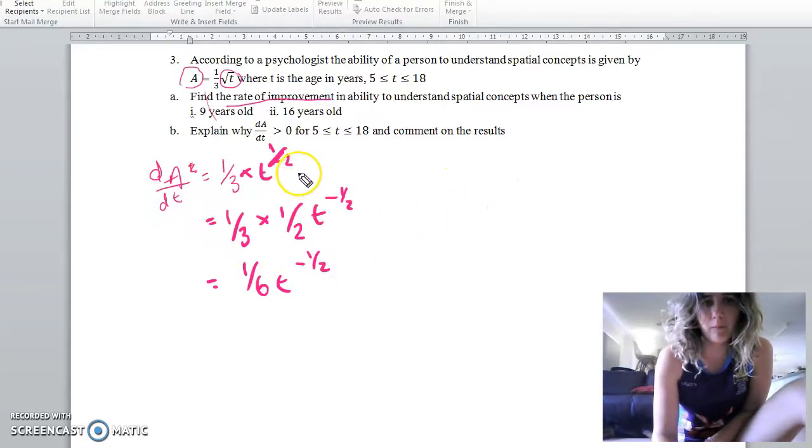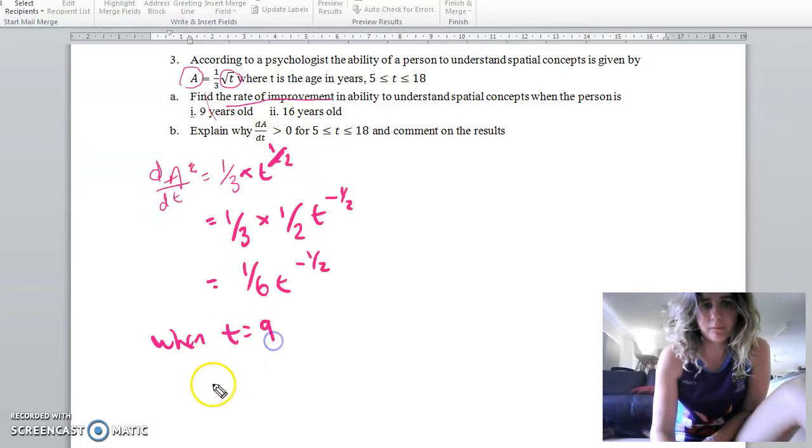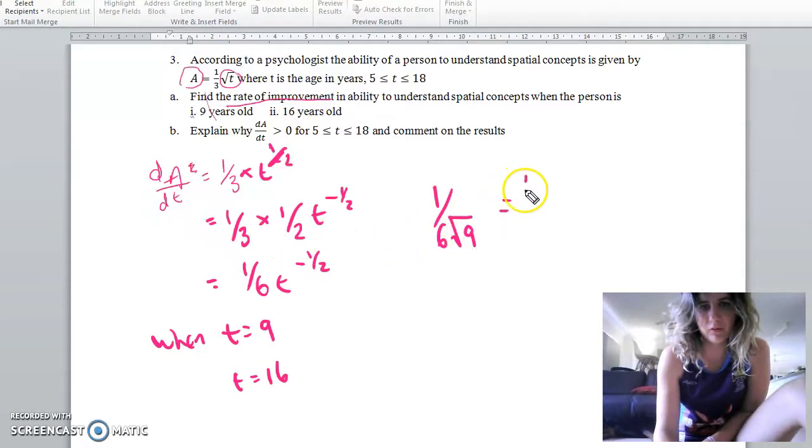We're then going to find when t equals 9 and when t equals 16. So we can sub that in. We're going to have 1/6. I'm just going to change this into a square root of 9, since it's on the bottom of the fraction, so it's going to be 1/6 times 3, which gives us 1/18.